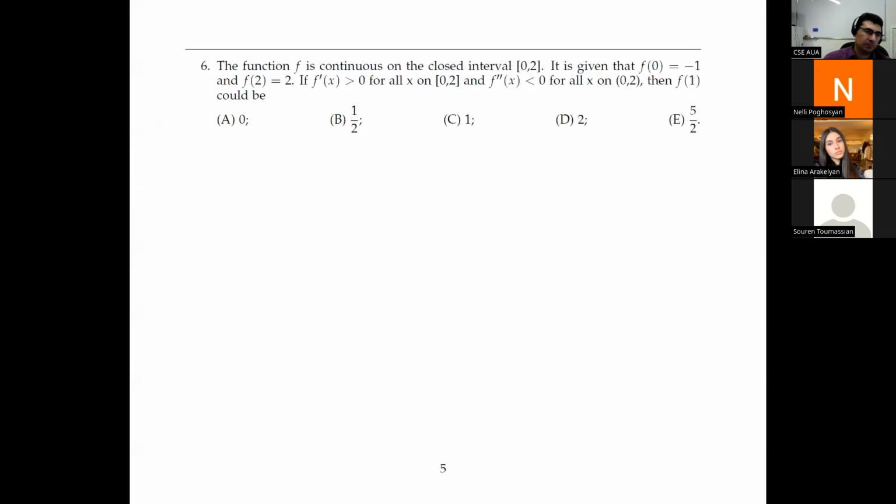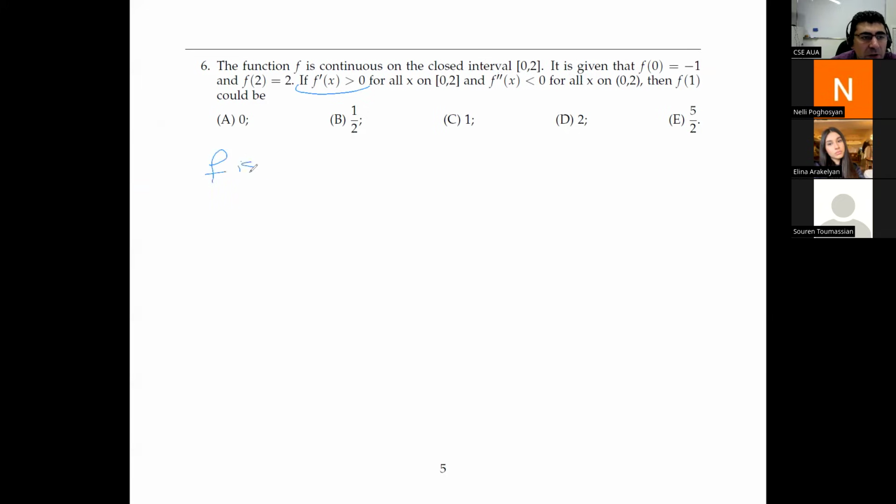Let's think together. Our goal is to translate the given information into something about f, and f(1) in particular. First, f prime is greater than 0, which means our function is strictly increasing from 0 to 2.